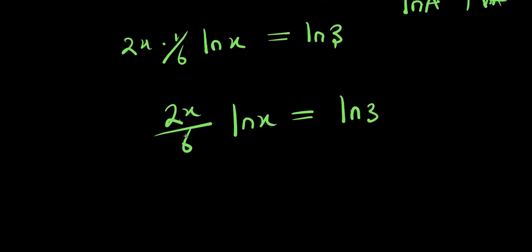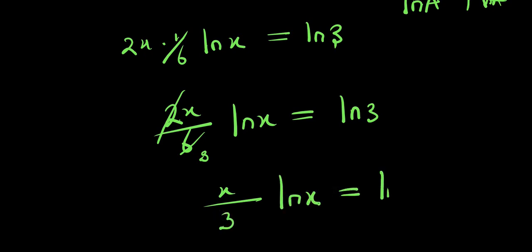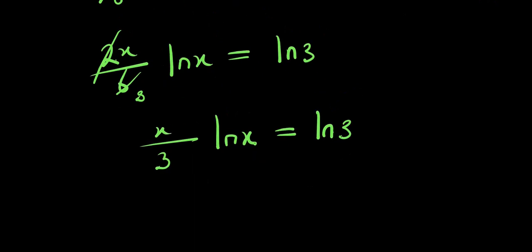What I can do will be this, divide this. This is 3, so we have x over 3 of natural log of x equals natural log of 3. So what I can do will be to multiply each part of this equation by 3. This multiplies 3. This multiplies 3. So this 3 will come behind this.